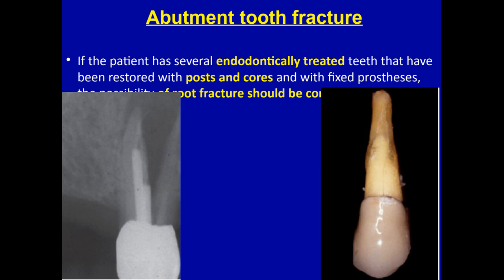The management of the root fracture of the abutment tooth. If the patient has several endodontically treated teeth that have been restored with post-anchor and crowned or used as a retainer for an FPD, and the patient complains of pain related to these restored teeth, the possibility of root fracture should be considered, especially if there is radiolucency around the fractured root.